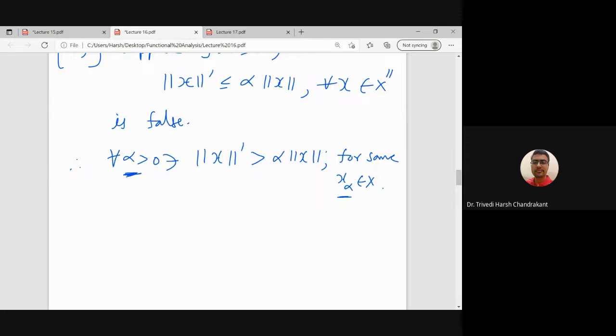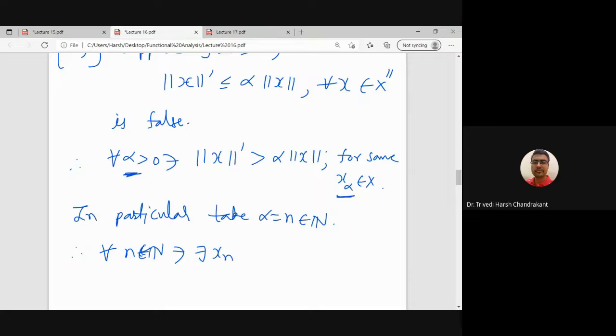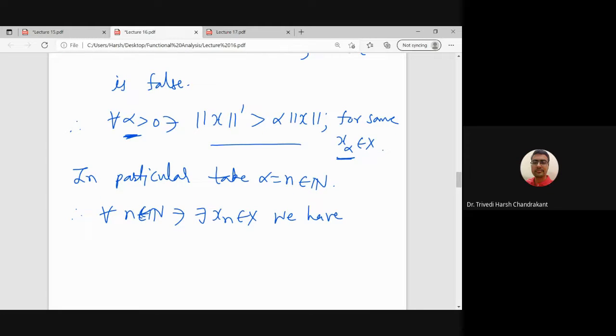So in particular, take alpha equal to a natural number. So therefore, for every natural number n, there exists xn belongs to X such that this condition holds for alpha equals n.